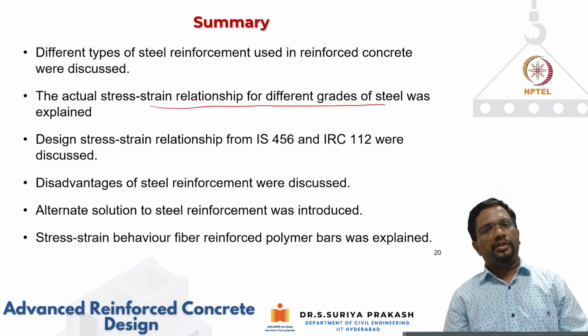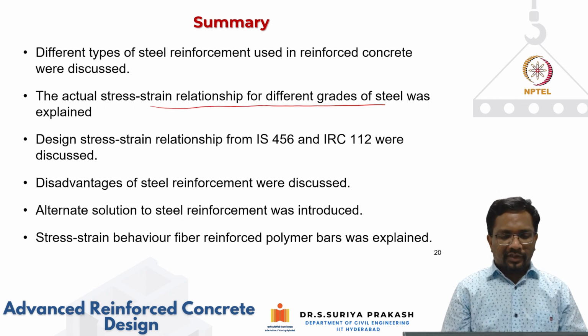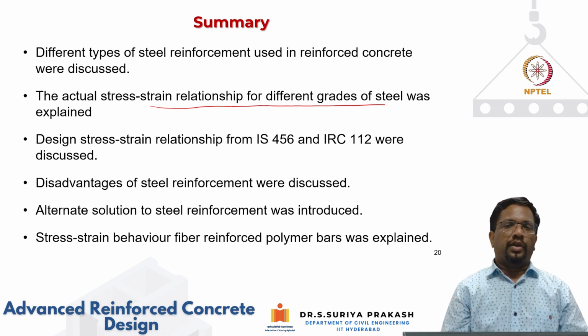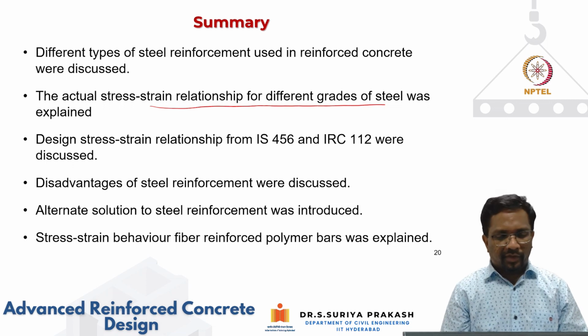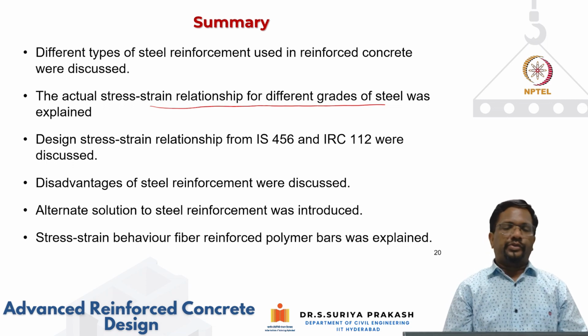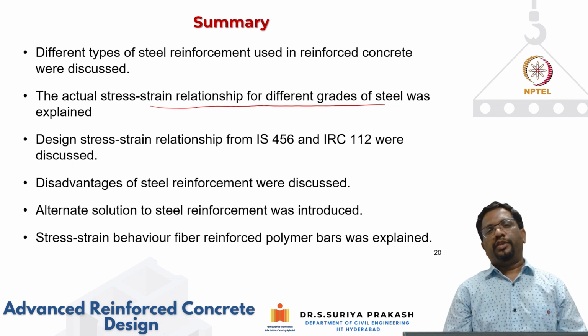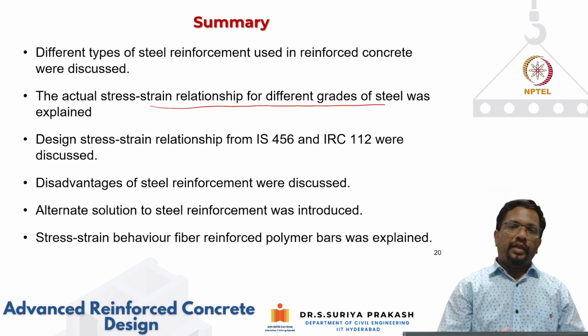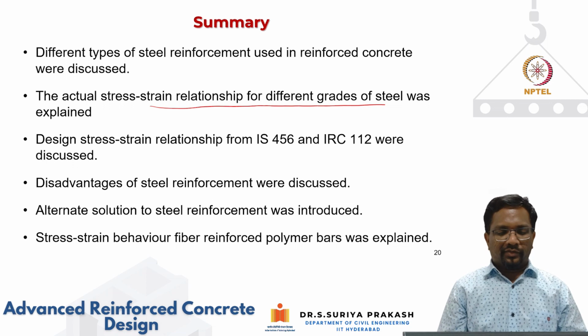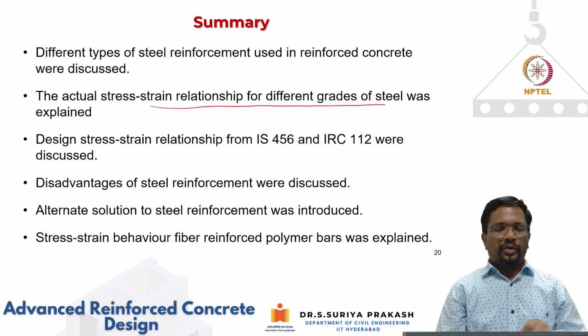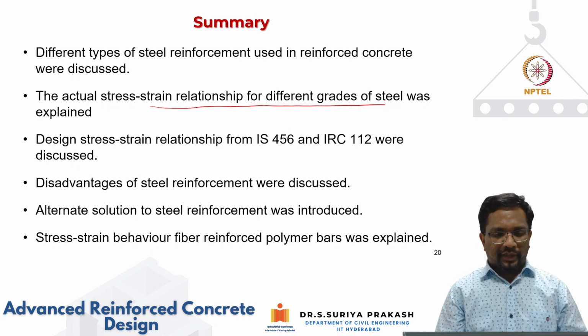The main disadvantage is corrosion, and one of the alternative solutions is the possibility of using fiber reinforced polymer rebar. We also discussed the stress strain curve behavior and characteristics of FRP rebar. So this is the summary of today's lecture.